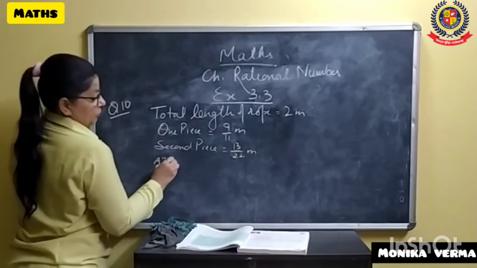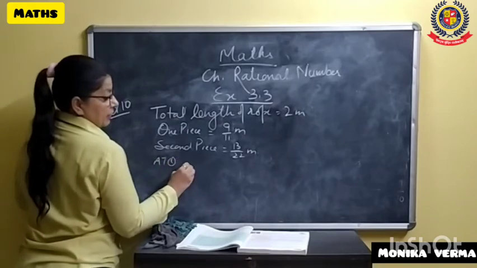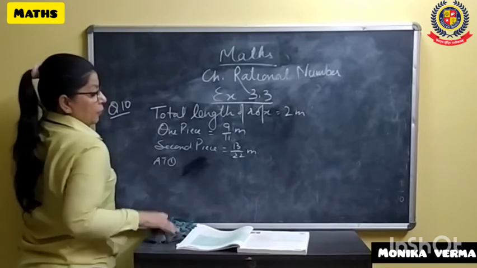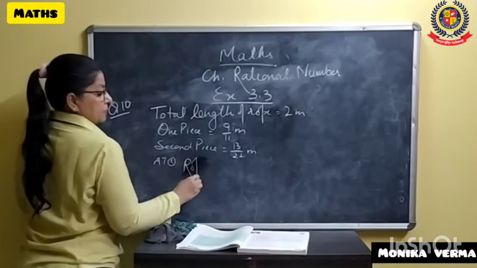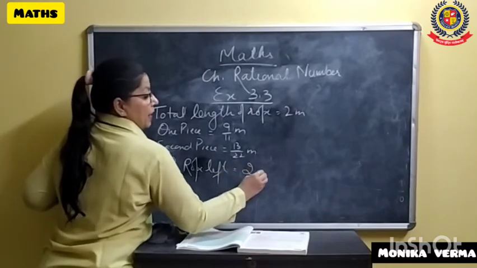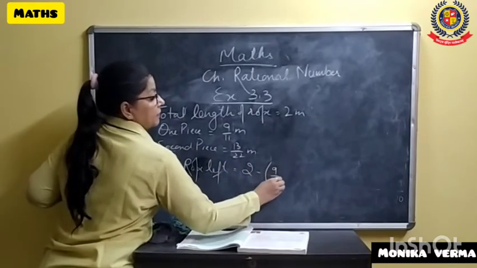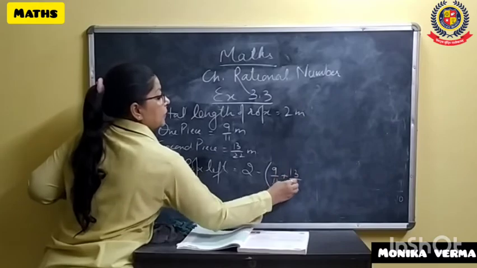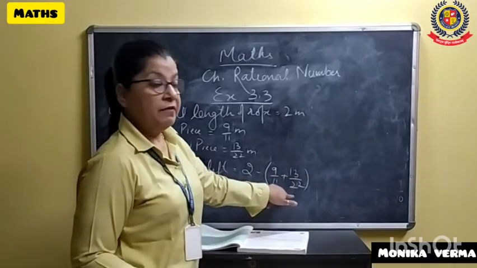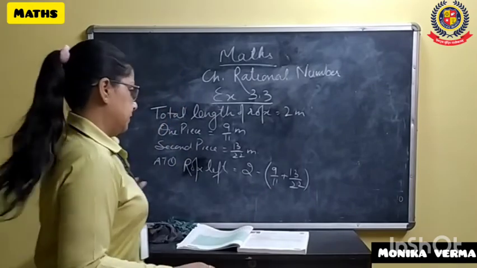So now according to the question we have to find x, or we can write rope left is equal to 2 minus 9 by 11 plus 13 by 22. It means whatever we have cut, we will add them. Then we will subtract it from the total length.